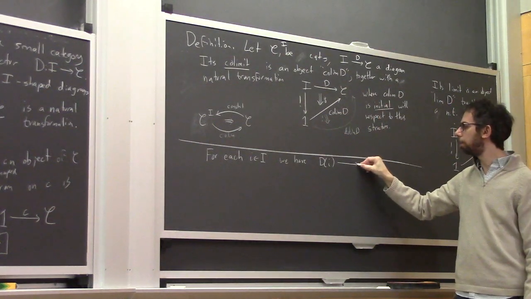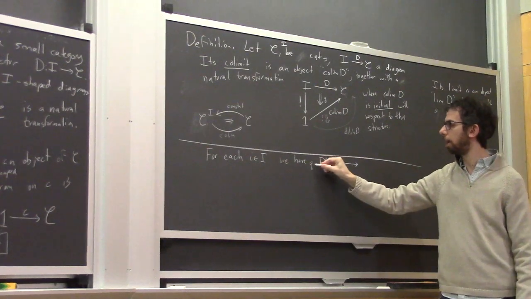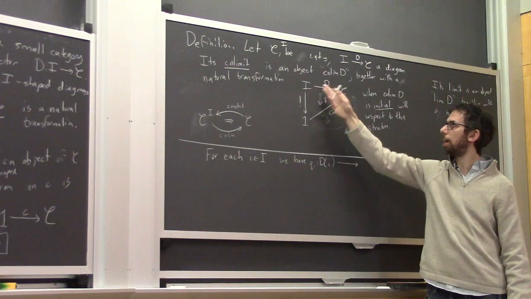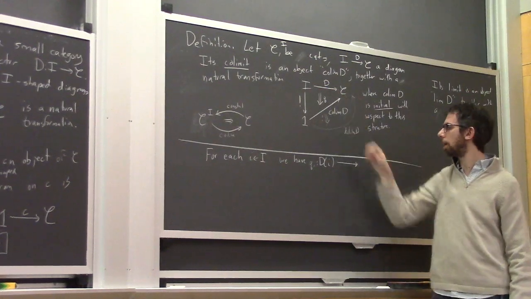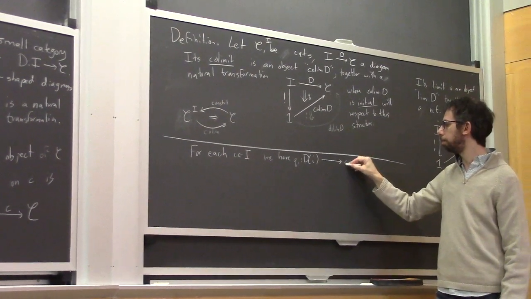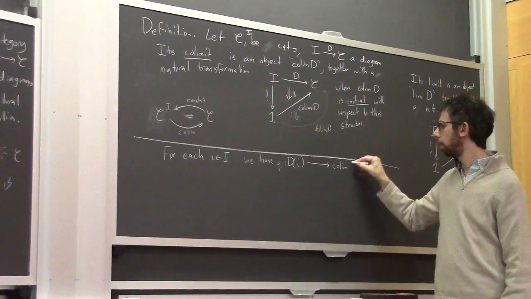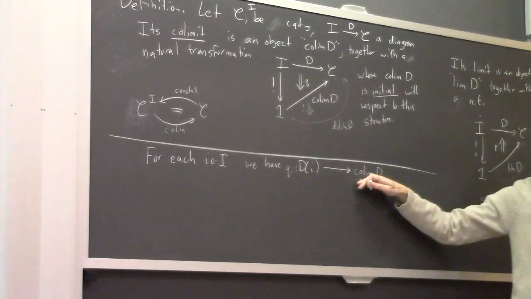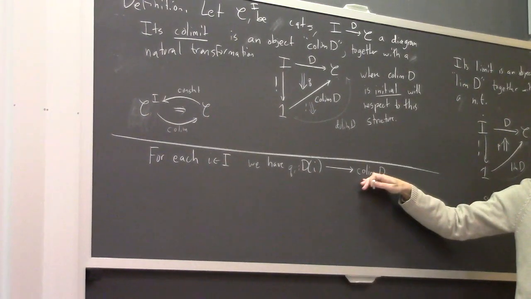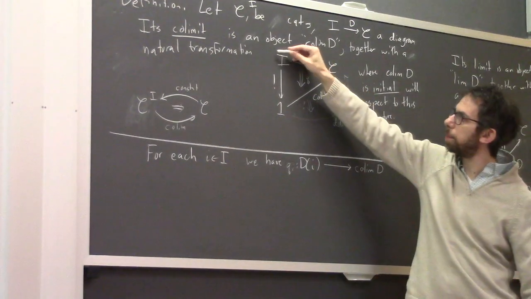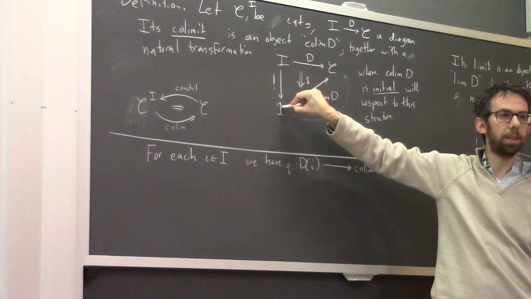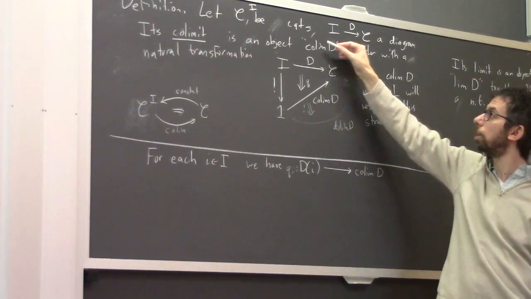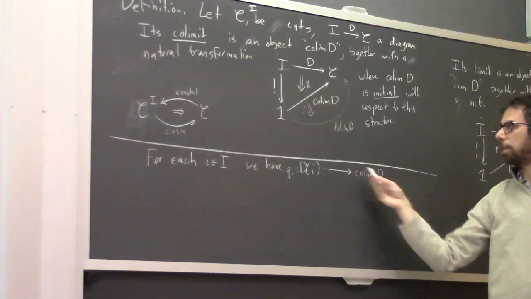And we have a component called Q sub I, because natural transformations come with these components. For every I in I, we get a component from D of I to colim D. So all these different D of I map to the same object, colim D. So what does the element I go to here? It goes to the one object there. Everything does. And that goes to the object called colim D. So that's what this natural transformation does.